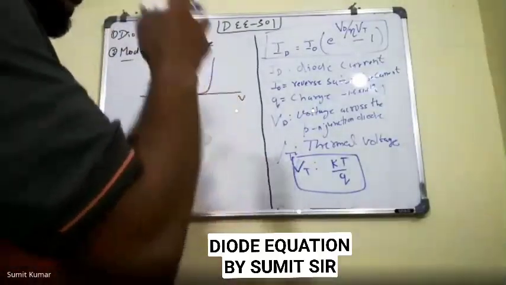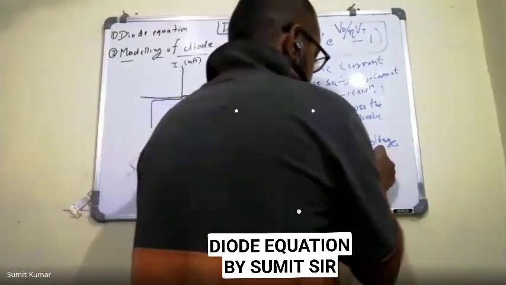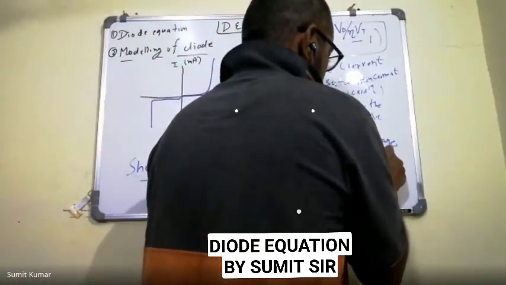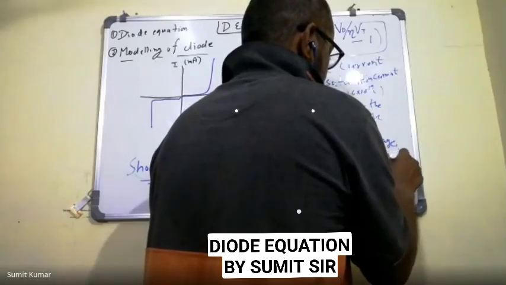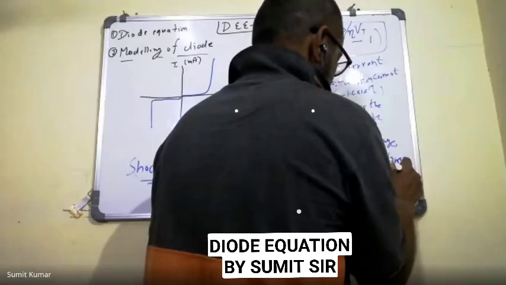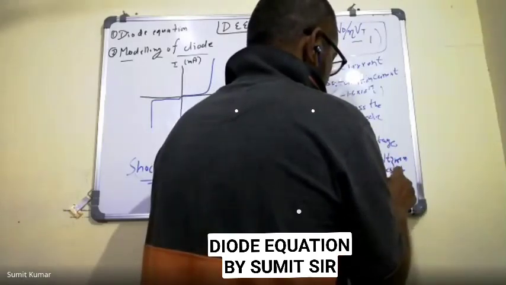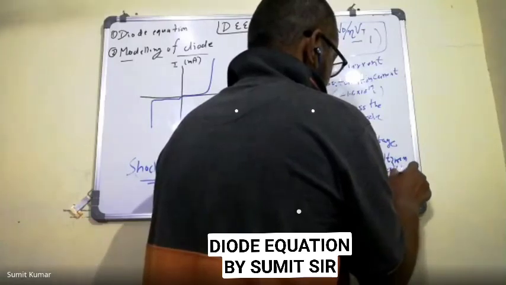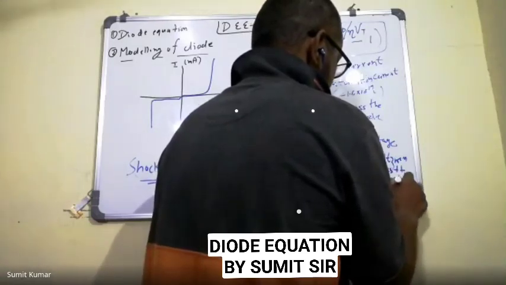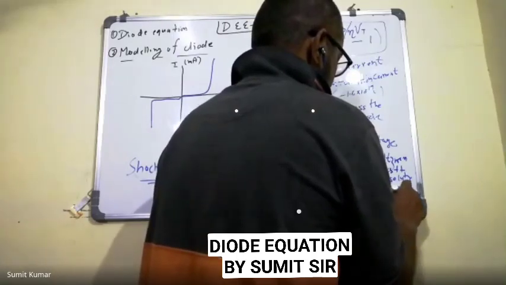But this is the thermal voltage, Kt over Q. And what is K here? Boltzmann constant. And what is T? Absolute temperature. And Q is the charge.